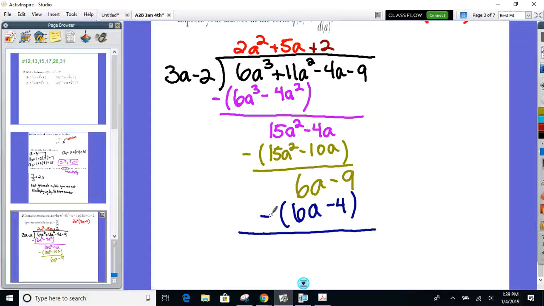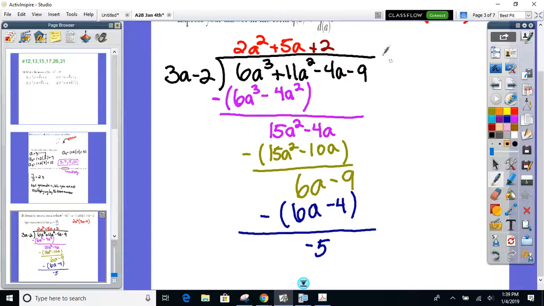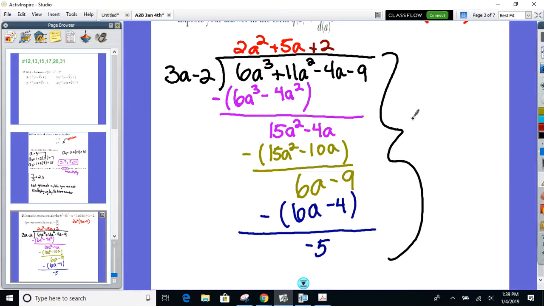It'll be negative 5. There you go. There's your remainder, negative 5. All right, now how do I write this as my answer? Ready? 2a squared plus 5a plus 2, and then what are you doing with that remainder? Minus 5 over what's outside the house? 3a minus 2.